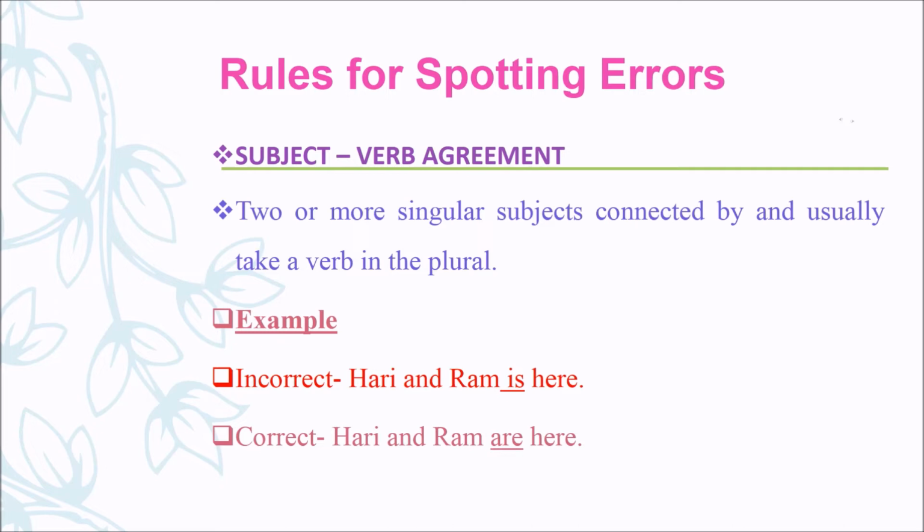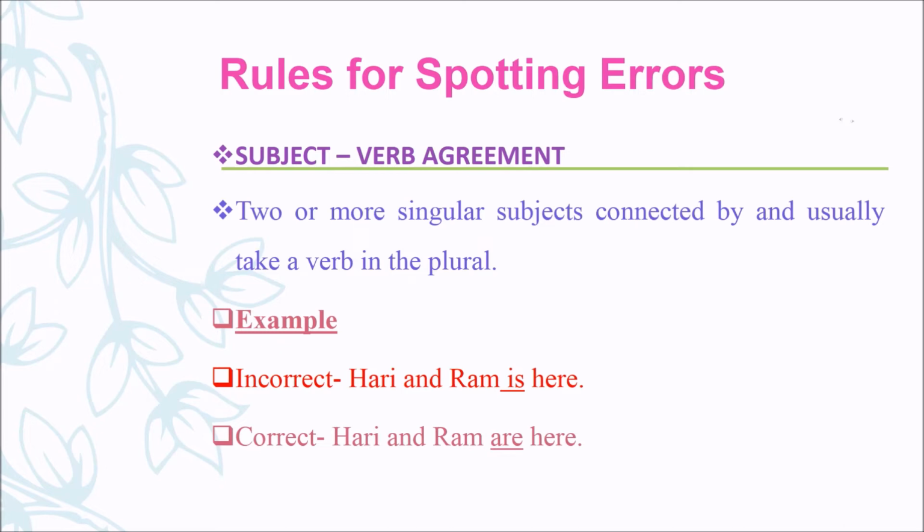For example, Hari and Ram is here is an incorrect sentence, whereas Hari and Ram are here is a correct sentence. Why? Because the rule is two or more singular subjects connected by and usually take a verb in the plural. So in this sentence, Hari and Ram are two singular subjects connected by and.